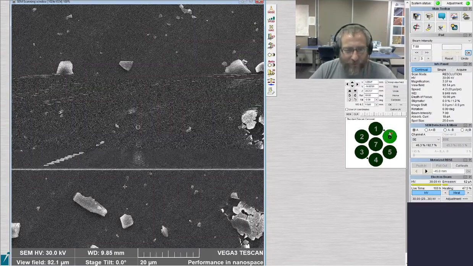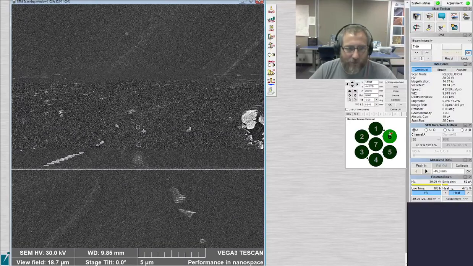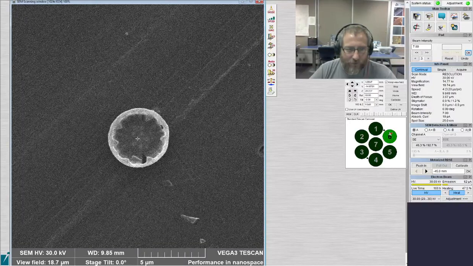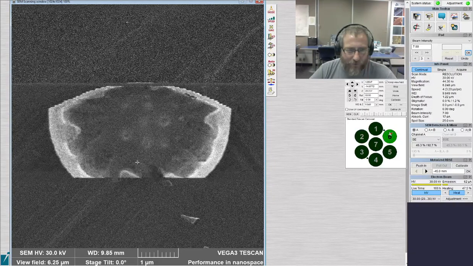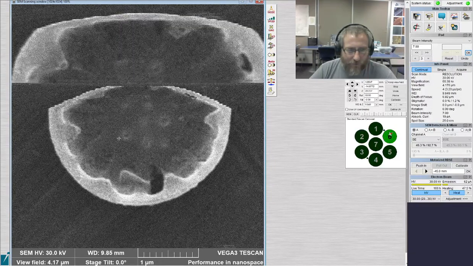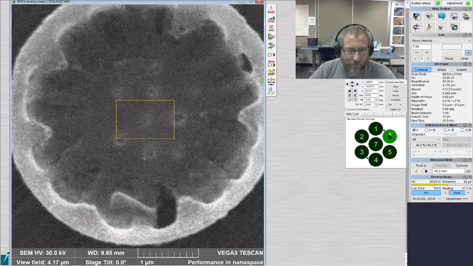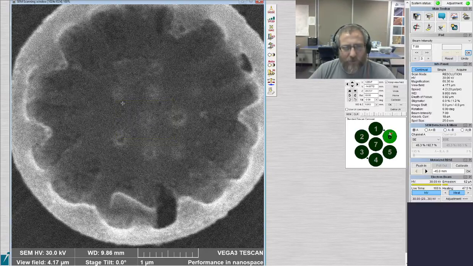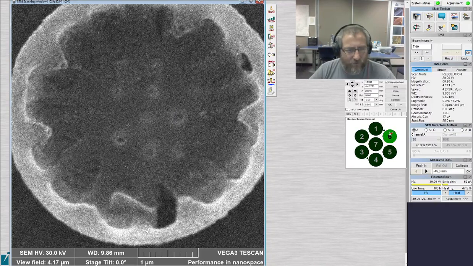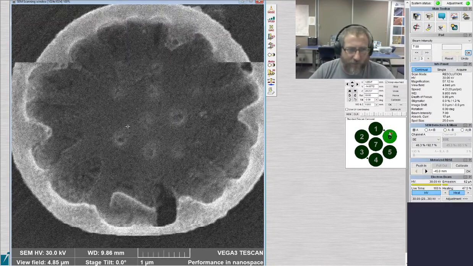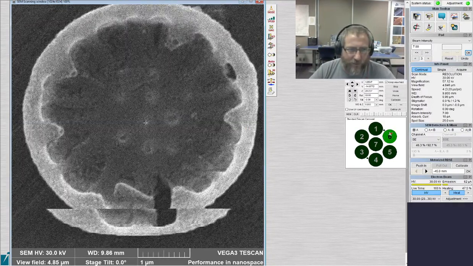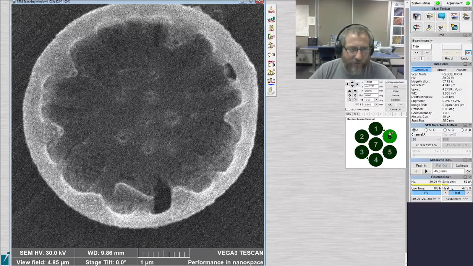There's a little internal view of something. Not sure what that is either. I think it's cyclotelloid though.